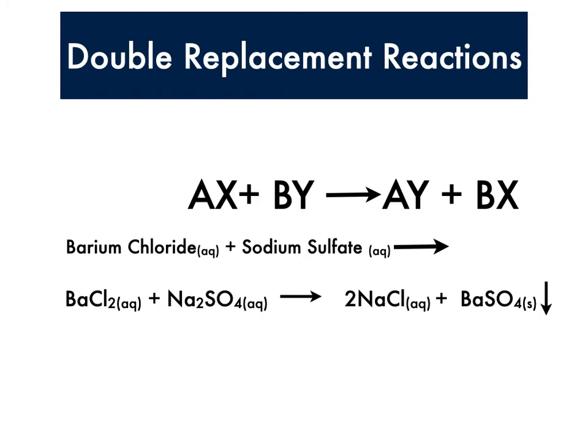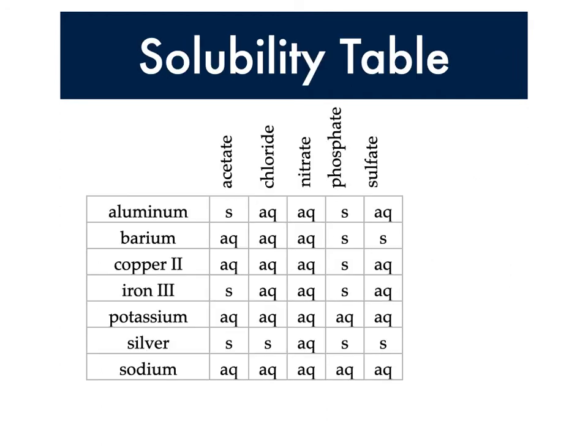Well, how do we know that barium sulfate here is the precipitate? Well, if you look through your data packet, you're going to find a thing called a solubility table. And here is a slightly smaller version of that solubility table. And you'll notice when you look over here at the barium on the left and you go over to the sulfate above, where those two things meet, you have an S telling you that that thing is going to be a solid.